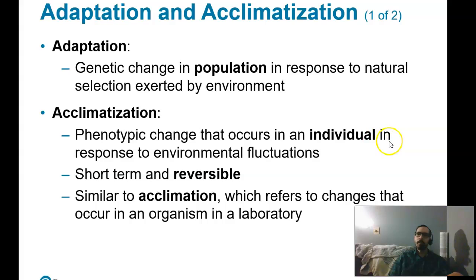Acclimatization occurs at an individual level, where an individual will respond to environmental changes. Okay. So these are short term and they can be reversed. And it is similar to acclimation, which refers to changes that occur in an organism in the lab.